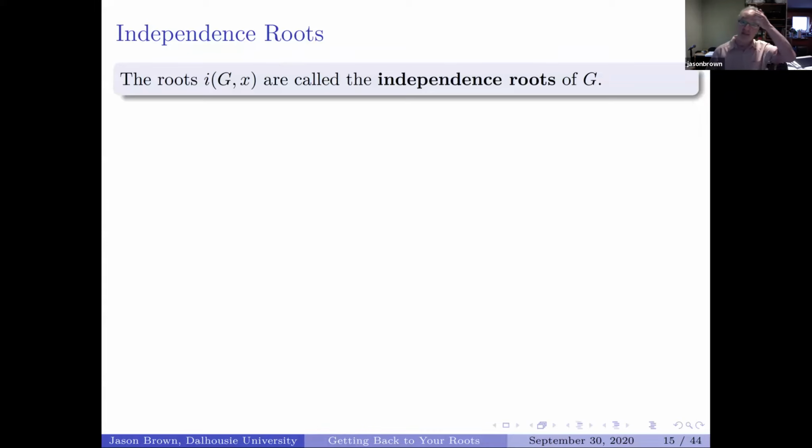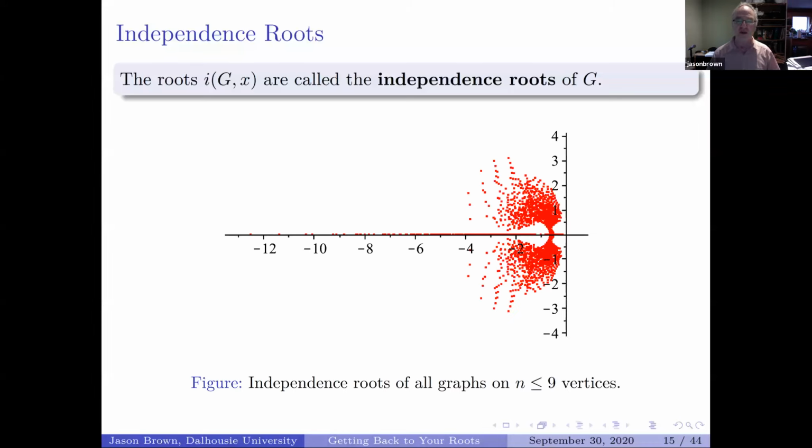Okay, we're going to come back to independence roots, which is what I'm going to talk about for the rest of my talk. The roots of the independence polynomial are called the independence roots of the graph G. For example, I've done a plot here of the independence roots of all graphs of order at most 9, so graphs on at most 9 vertices. We get, from my point of view, a really beautiful picture to look at.